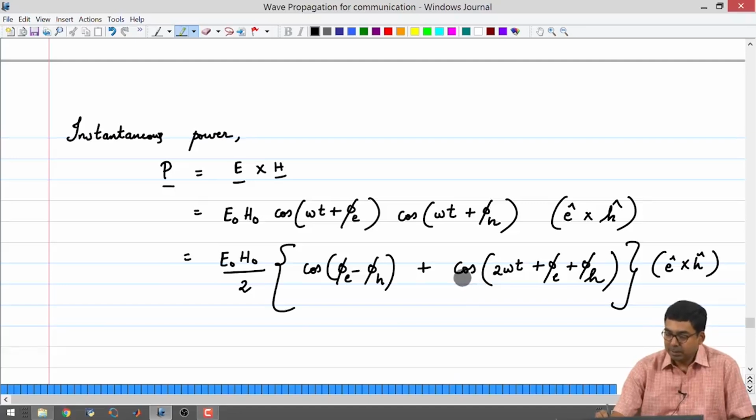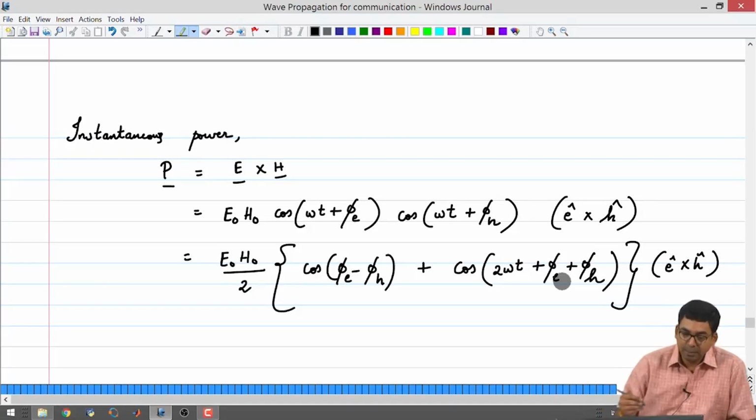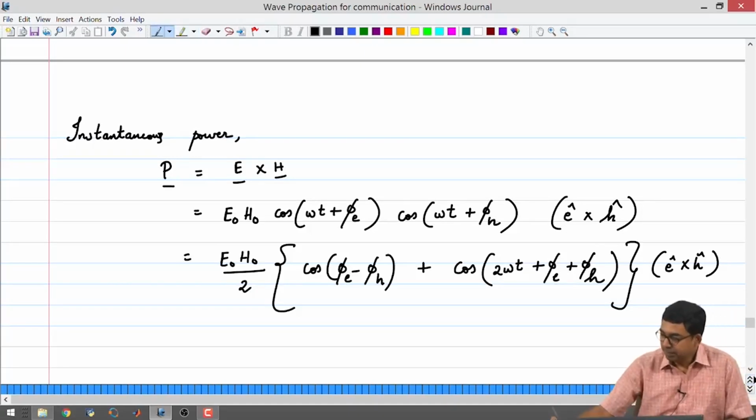It could also be in such a way that it exactly balances this quantity when it is negative and the entire term becomes 0 at some instant of time, the entire term is positive at some other instance of time, and the entire thing is negative at some other instance of time. So, with respect to time, you will see that the vector is pointing in very different ways. So, you may either have a positive quantity or 0 or negative quantity.